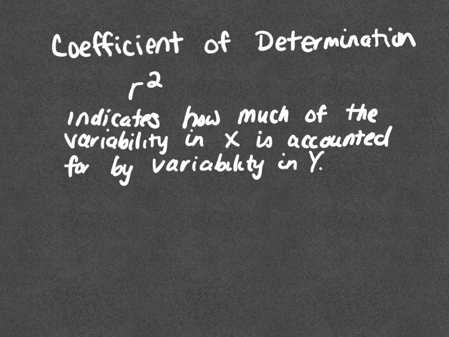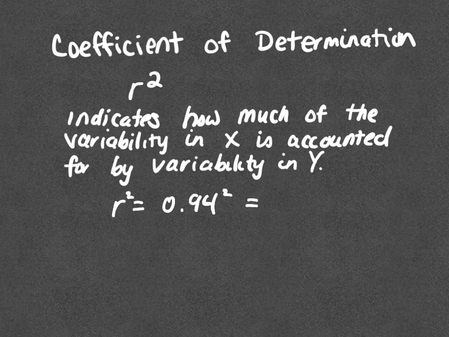Essentially, the coefficient of determination is saying, what percentage of y do I know based on x, or what percentage of x do I know based on y? We typically talk about understanding y using x because that becomes the foundation of something called regression. But you can actually talk about x accounting for y or y accounting for x.